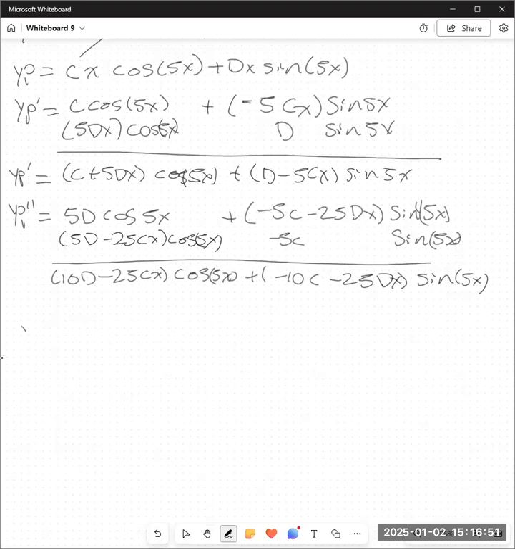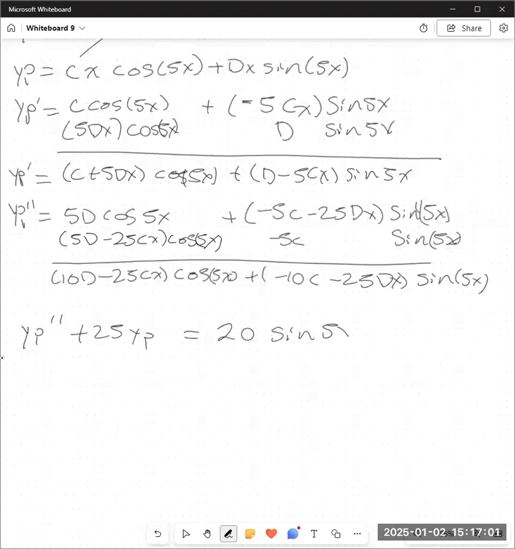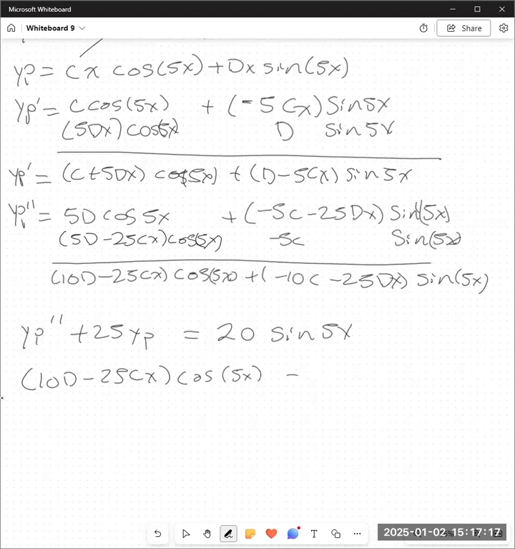So I want yp double prime plus 25yp is equal to 20 sine of 5x. So my cosine pieces are 10d minus 25cx cosine of 5x. And my sine pieces, negative 10c, negative 25dx, sine of 5x. That's for my yp double prime. Then 25yp.